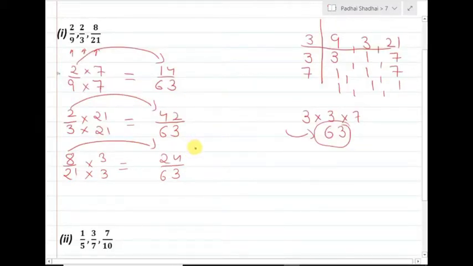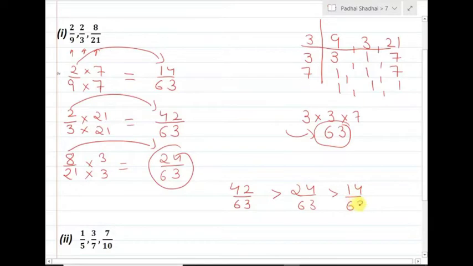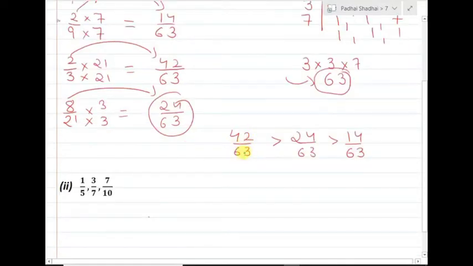Got the idea, beta? First of all we have to make the base the same. So the biggest numerator is 42 by 63, then the smaller one, that is 24 by 63, and the last one 14 by 63. Okay, in this way we can arrange fractions into descending or ascending order.